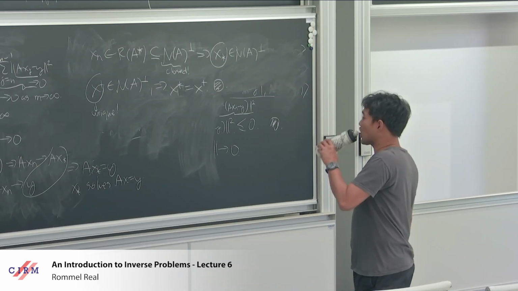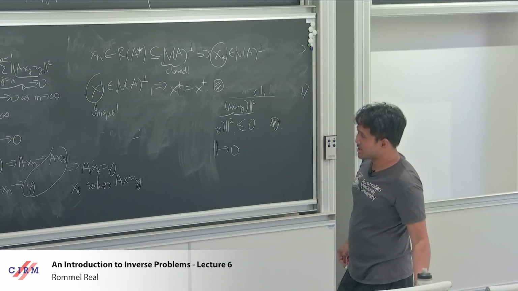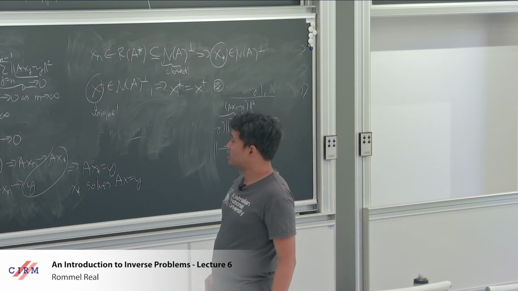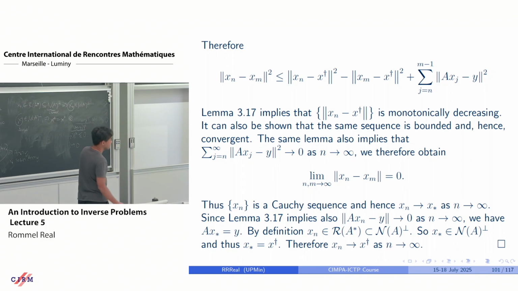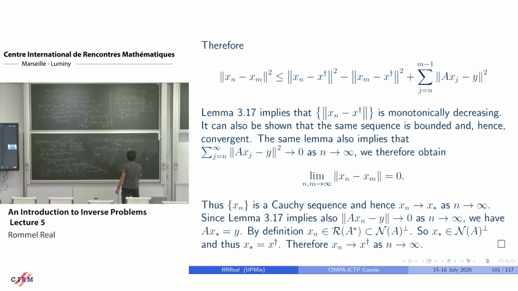Or in other words, the sequence of iterates must converge to the minimum norm solution. And that actually proves the convergence in the exact data case. So that's actually, I would say, 1/3 of the entire convergence analysis that we have to do over here.